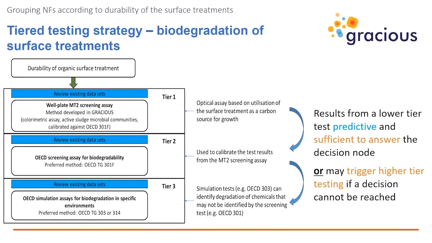What's important when you have these tiered testing strategies is that the lower tiers should be predictive of your higher tier test answers, and in some cases you can get a result which is sufficient to answer the decision node. However, in other cases, your lower tier test outcome may trigger higher tier testing if a decision cannot be reached on the basis of that lower tier outcome.